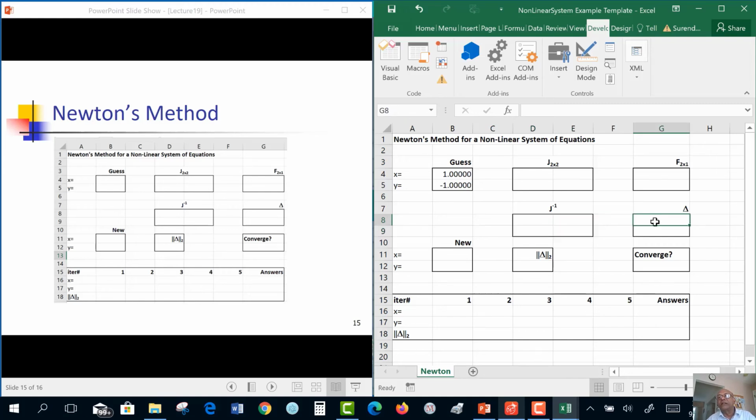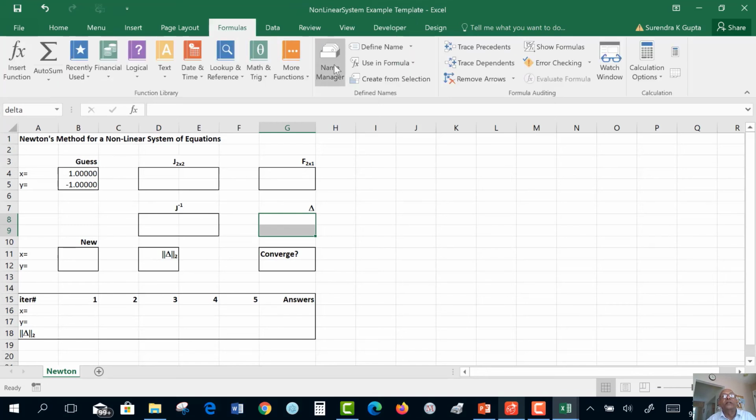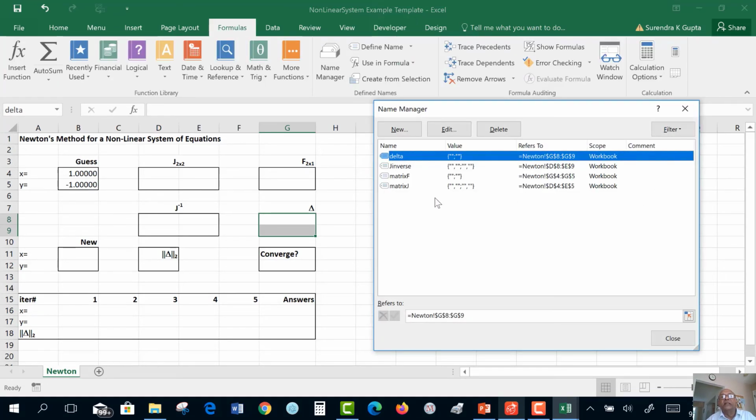And we'll call this matrix delta. Okay, so first thing we do always go to formulas, name manager, and we have these 4 names.